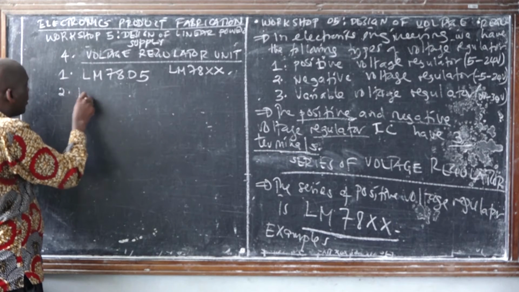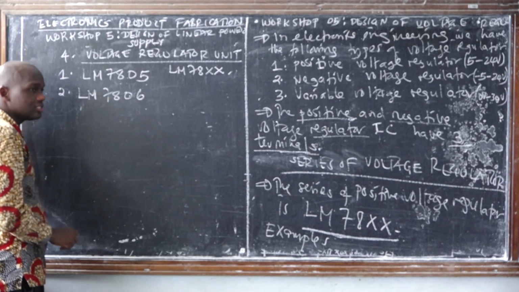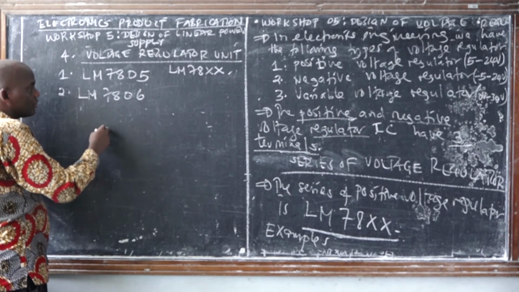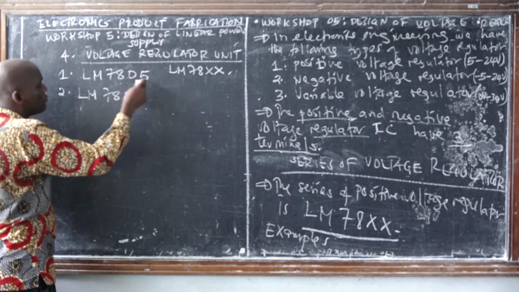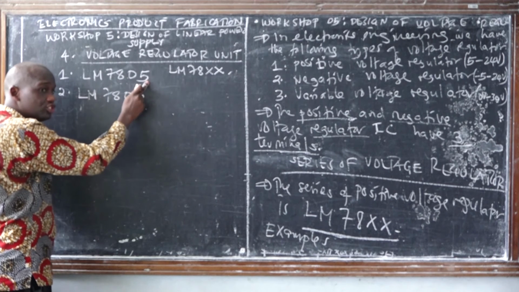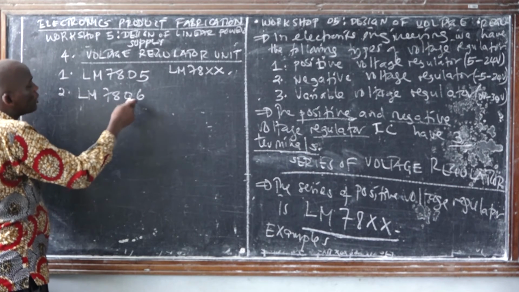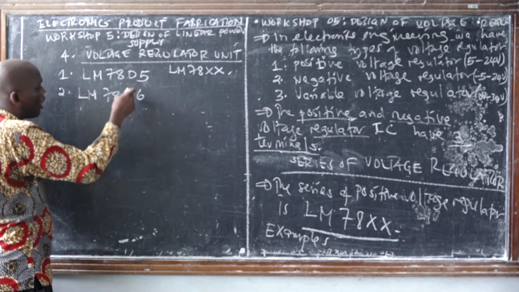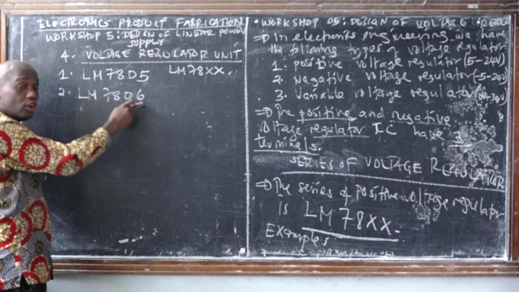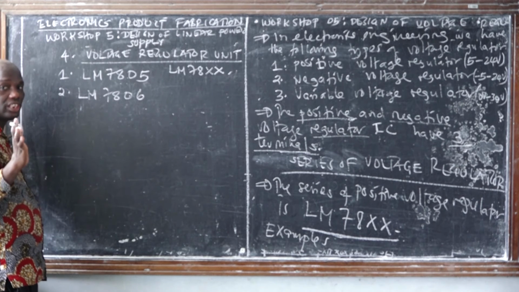The second example, we have also LM7806. What does it mean? This 05 means that it provides positive 5 volts, which is regulated. This one will provide the output regulated voltage of 6 volts.